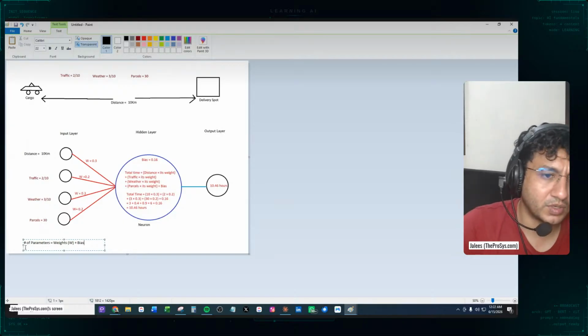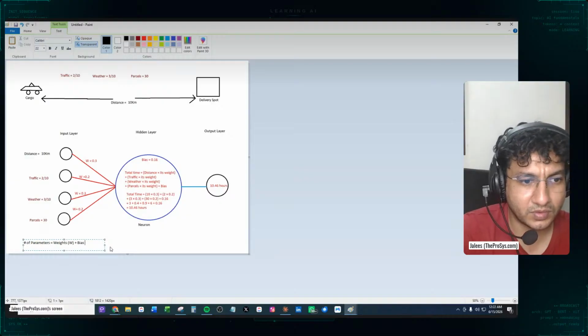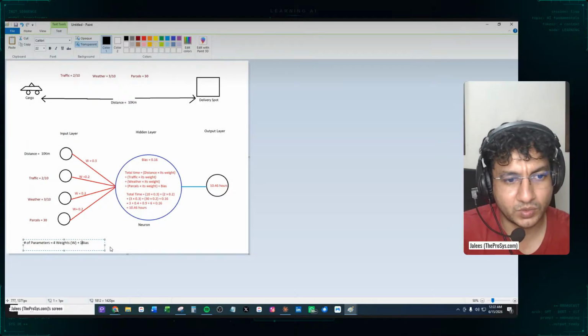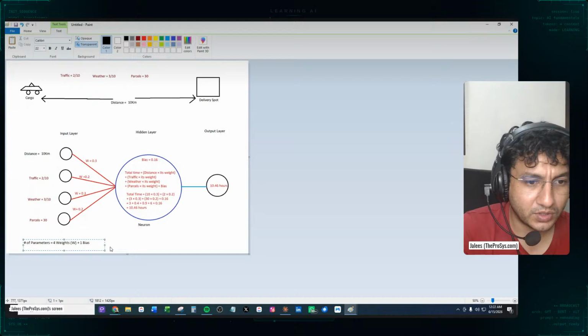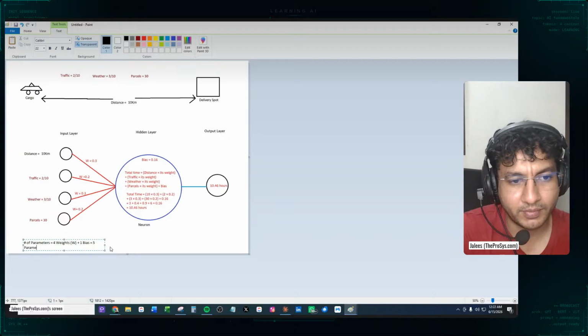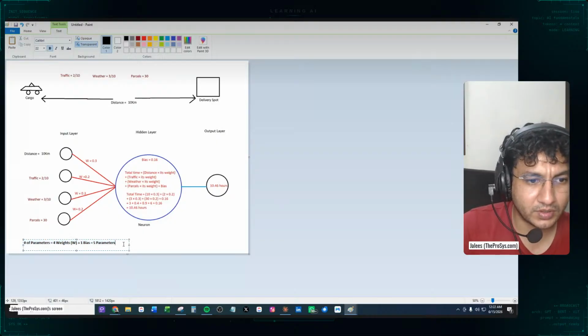So यहाँ पे ये आ गया, equals 4 weights and there is one bias. Total 4, no, not 4, there are 5 parameters. यहाँ पे simple सा ही आ गया, ठीक है, that's how it is.